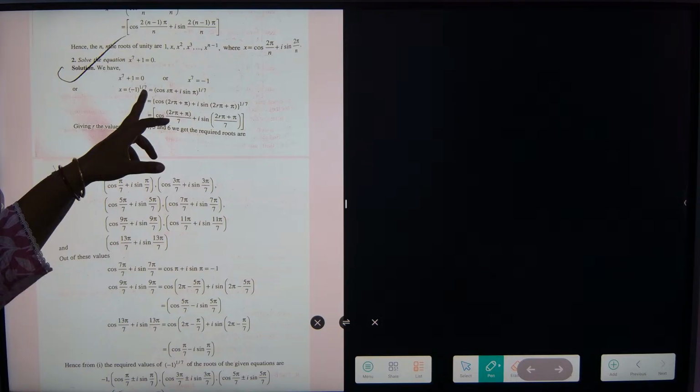What we have? Let us go for theory of equation.